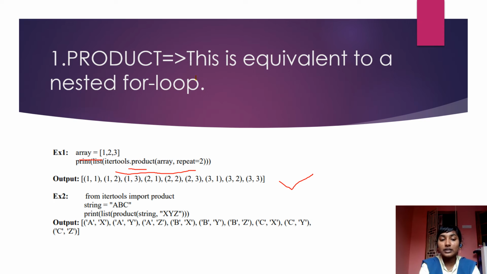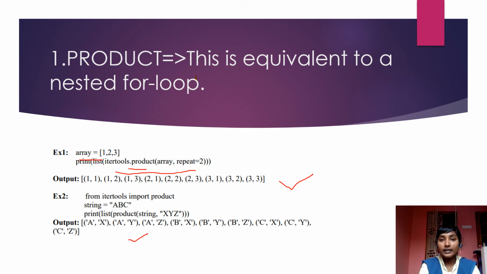Here we'll not use itertools.product because we already imported it, so there is no need of using it. Here print list of product of string xyz. Then we'll get an output of x comma x, x comma y, x comma z, and so on. We'll get the answer like this.